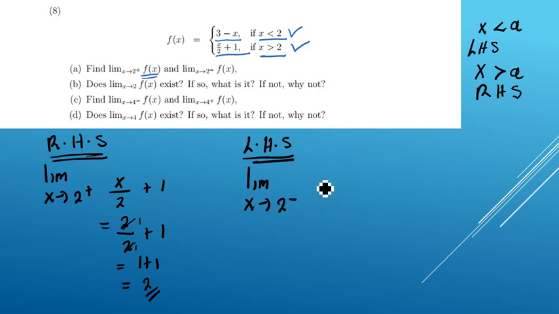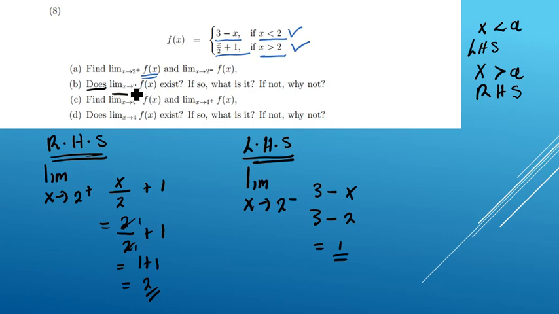So approaching this function from the left hand side, it simply means we're using this expression, 3 minus x, and of course it will be 3 minus 2, and our final answer will simply be 1.